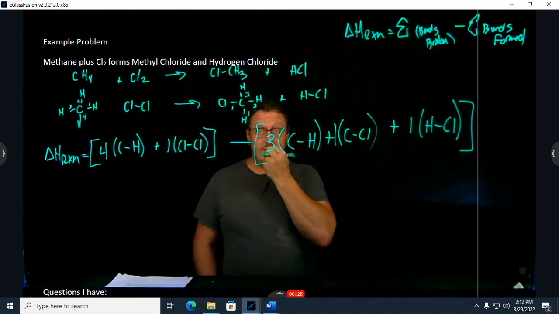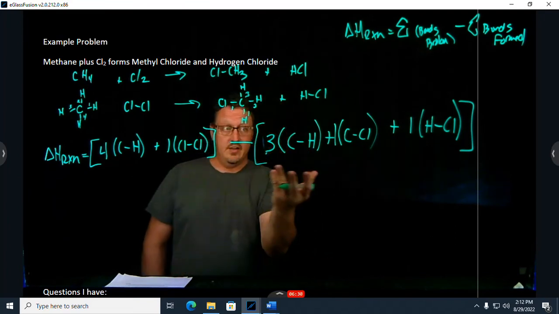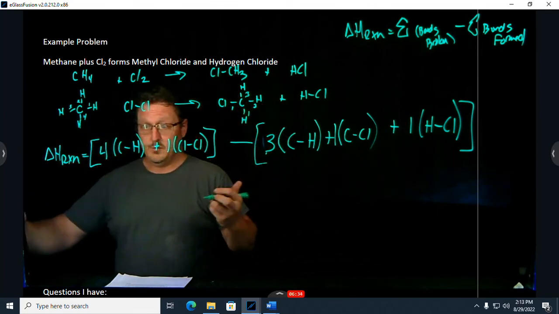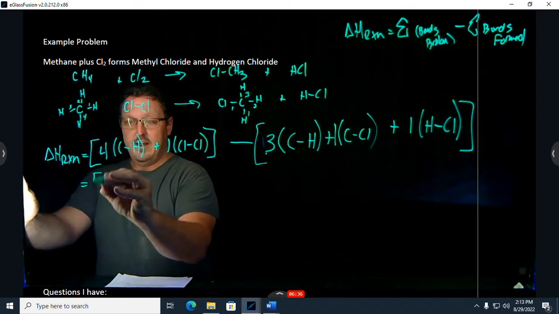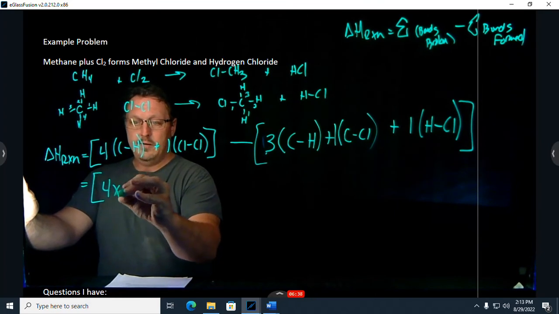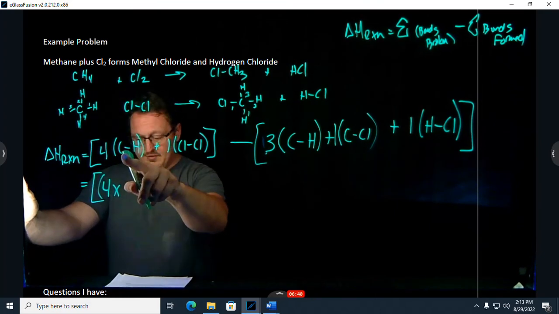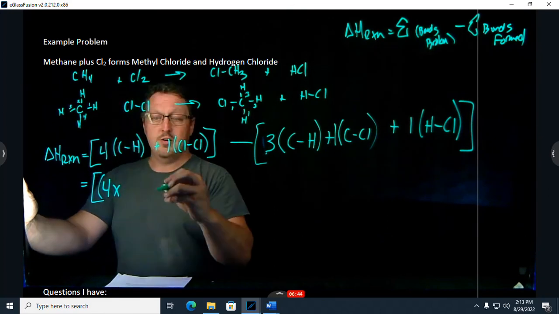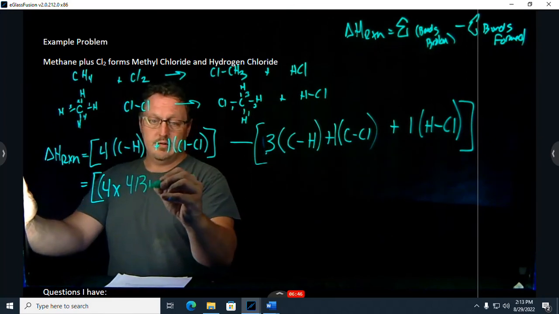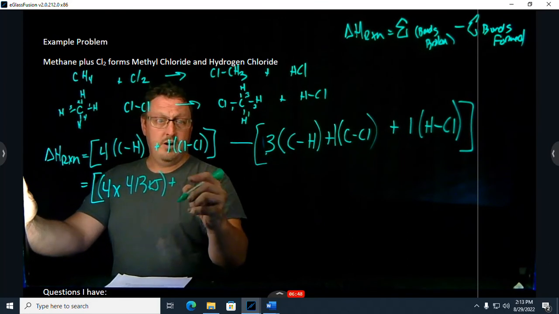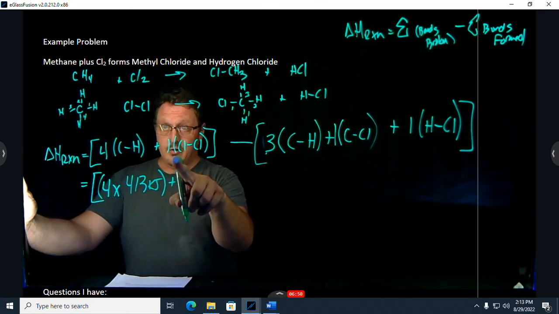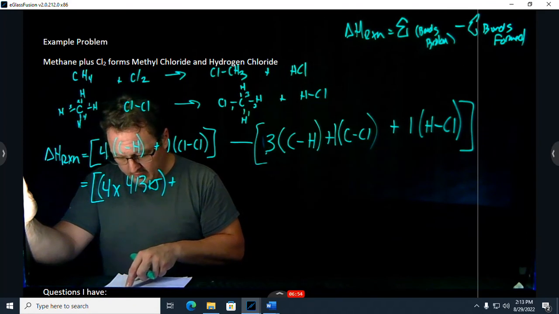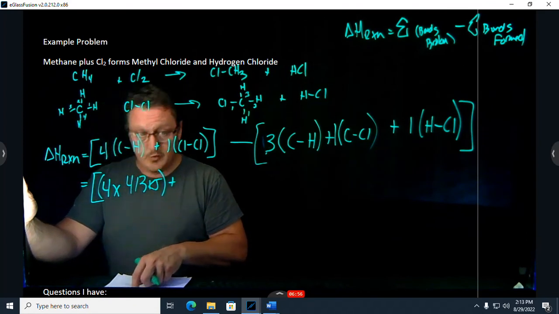Okay, so that's how that's going to go. Now all we have to do is put our energy into these and then do the math on it. Delta H of reaction is going to be 4 times carbon-hydrogen single bond. I look on my table, a carbon-hydrogen single bond is 413 kilojoules. Plus 1 chlorine-chlorine single bond. I look on my table and I see that a chlorine-chlorine single bond is 242.